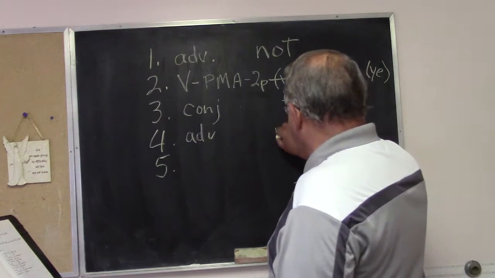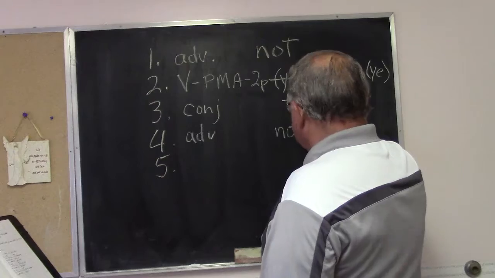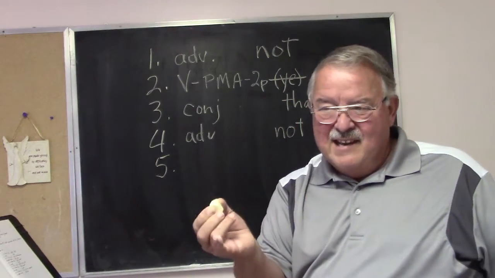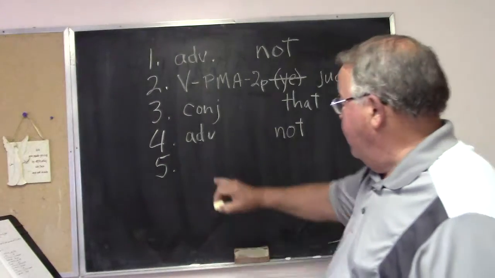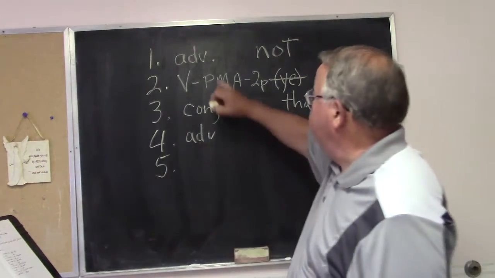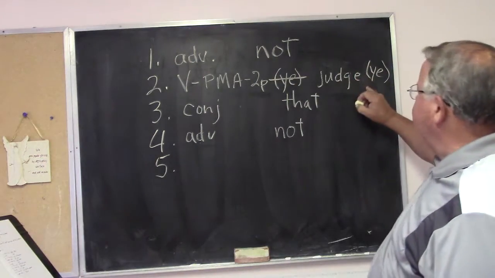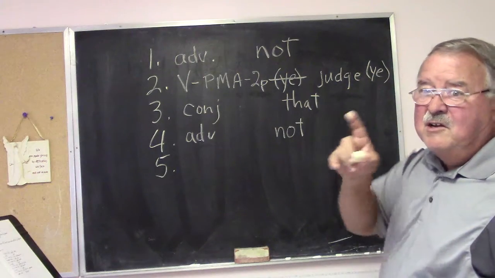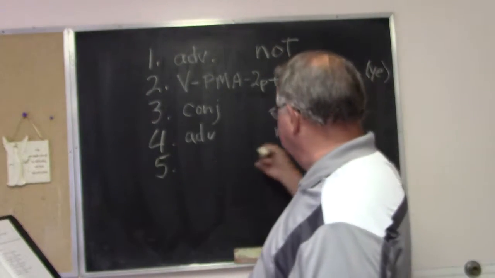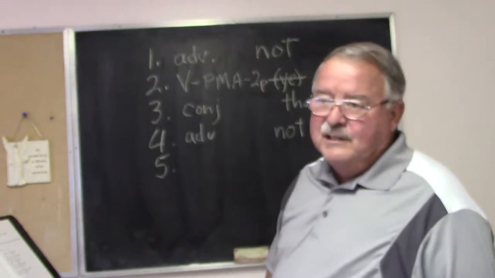That means not. Whatever the verb is going to do, it's going to reverse it. It negates the verb. An adverb does what? Modifies the verb. It modified this verb of judging. Not. Judge ye not. It'll turn that right around.